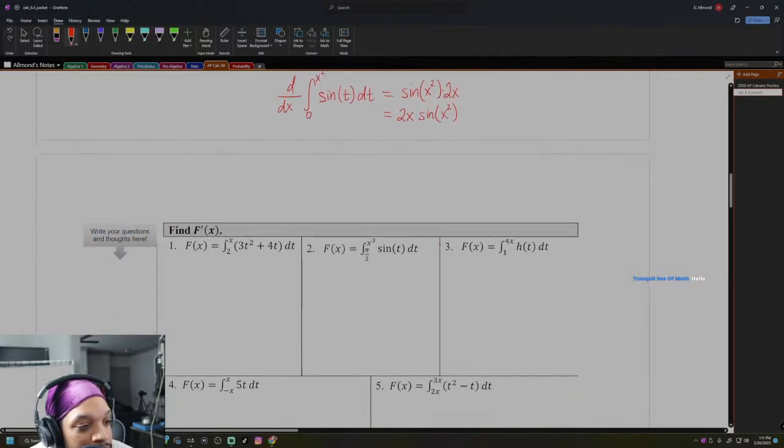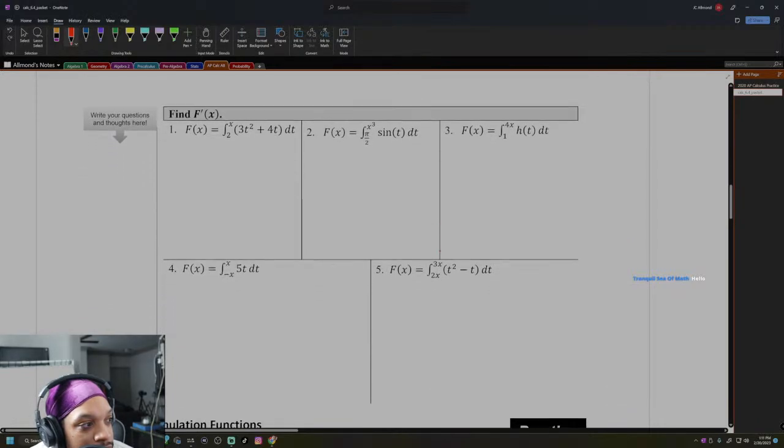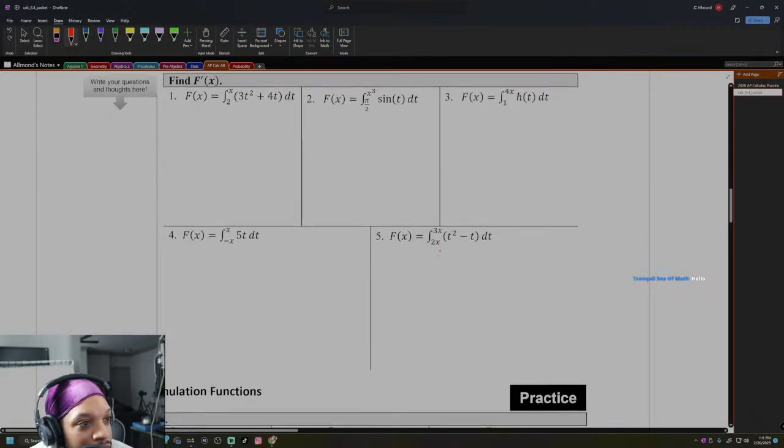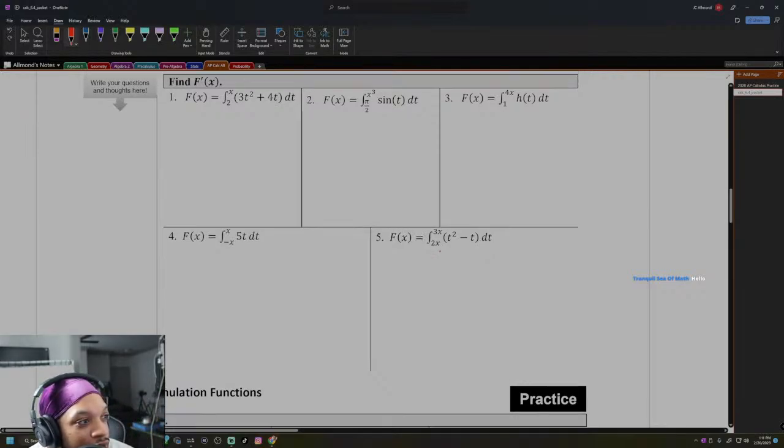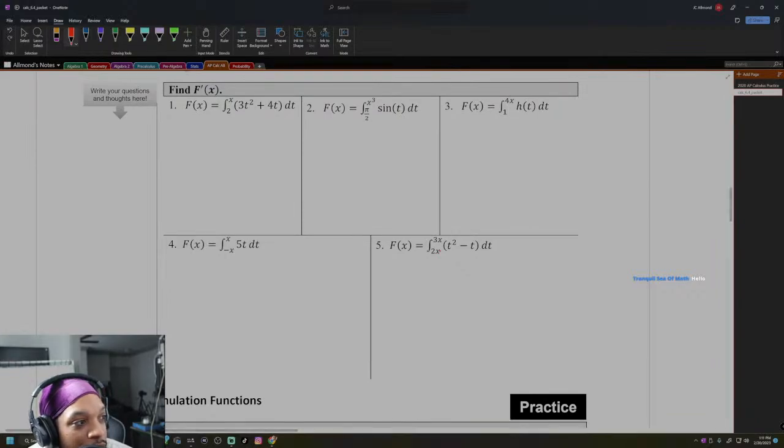So here are some examples. I'll do one, and then you do one. Okay, so in all of these, they want us to find the derivative of capital F of x. And if you look, the right side of it is an integral.